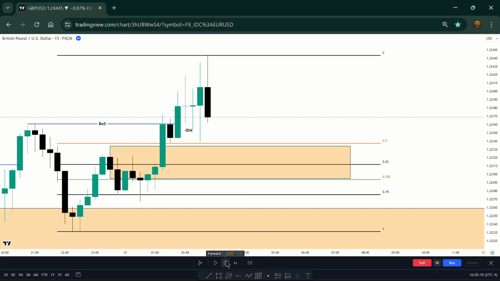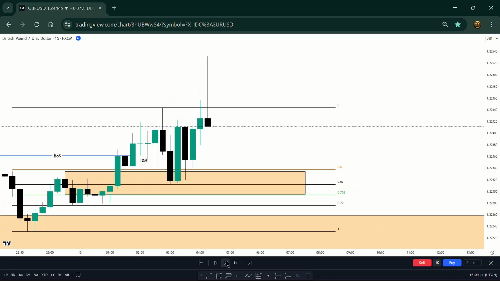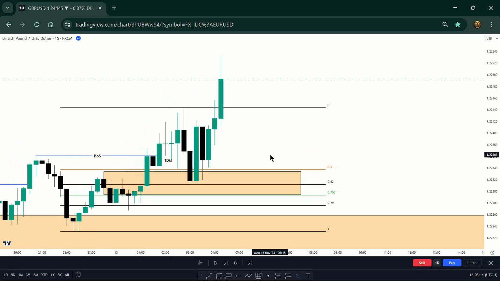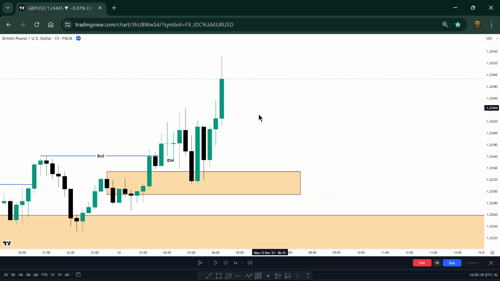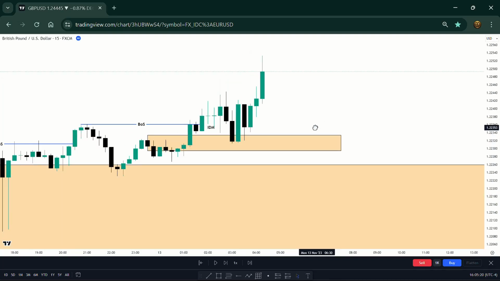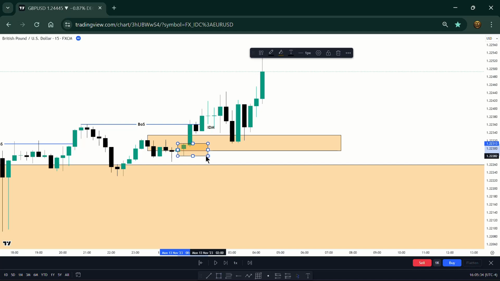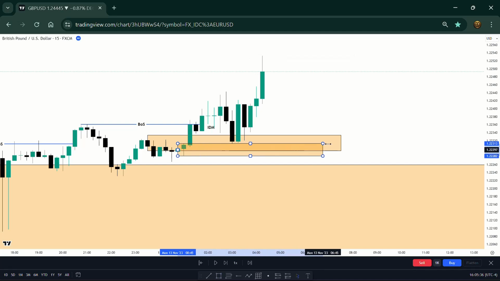If you see a POI, okay. So if you don't want a single candle order block, you are going to miss this trade. But again, if you marked here, right there, you are still going to win.